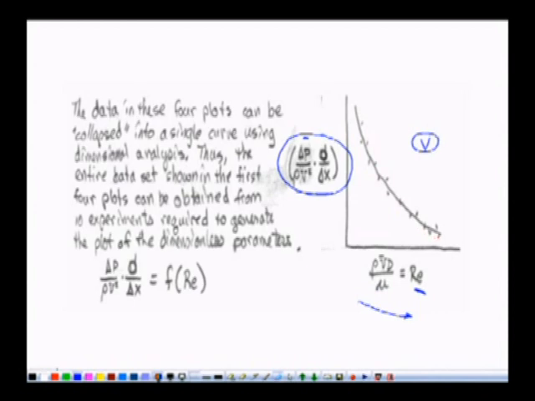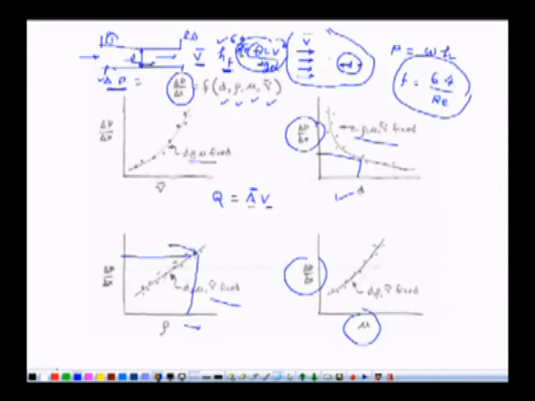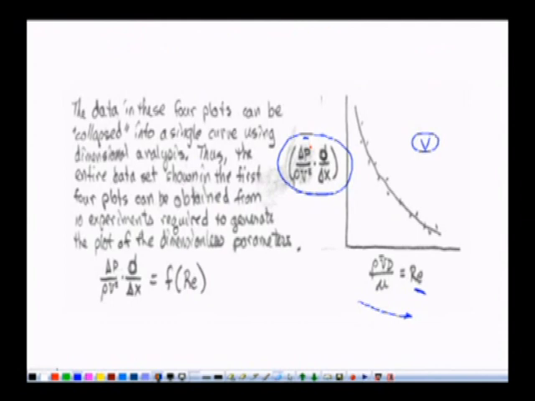So, with the help of this simple experiment, instead of conducting these four experiments, we conduct one simple experiment in which we are changing only velocity, and with the help of that we are changing these two terms, the Reynolds number, which is rho v d divided by mu, and del P over rho v square into d over delta x. Now, with the help of this simple experiment we can answer those questions which we have addressed earlier by conducting those four experiments.